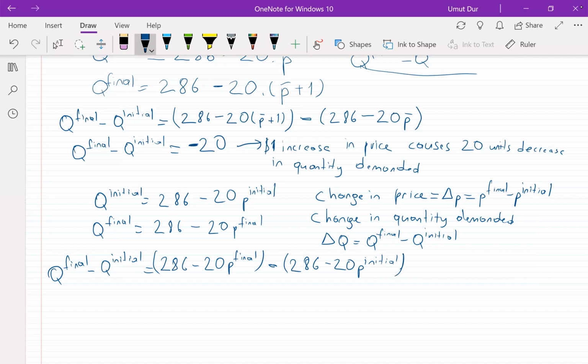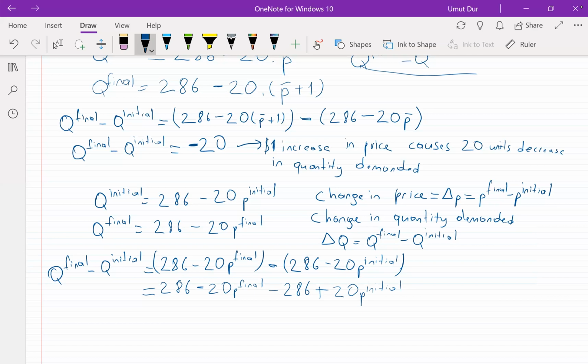If I do the math here, let's do it explicitly. So this is 286 minus 20 P final minus 286. So this is minus minus, it will make plus 20 P initial.